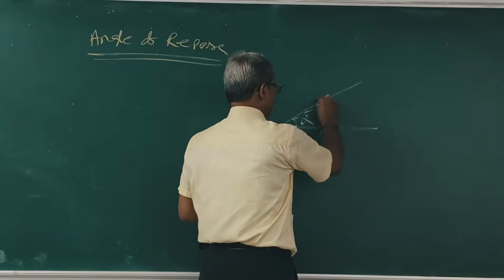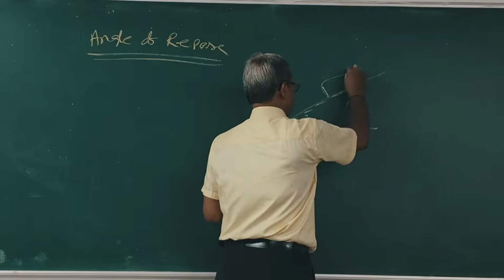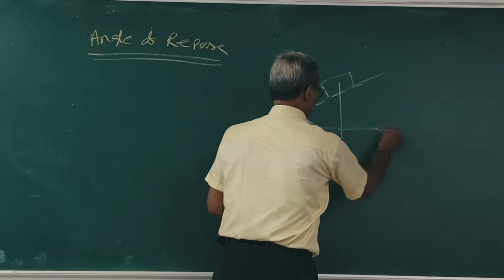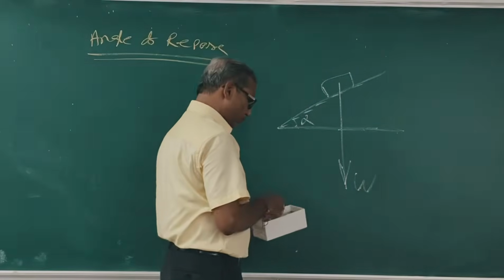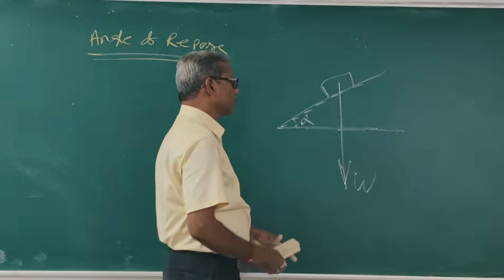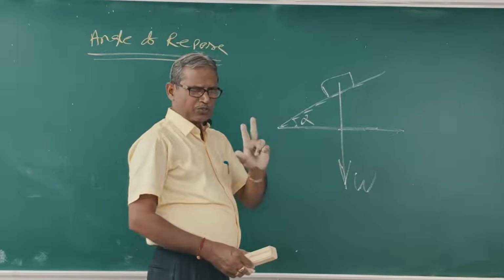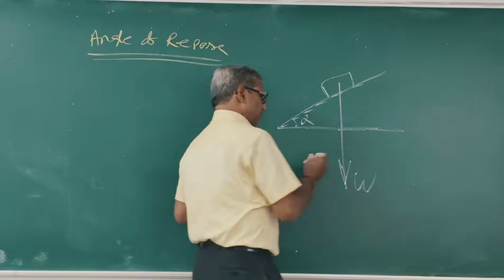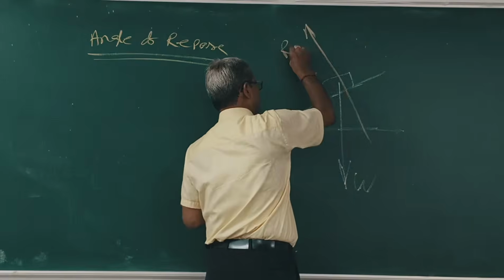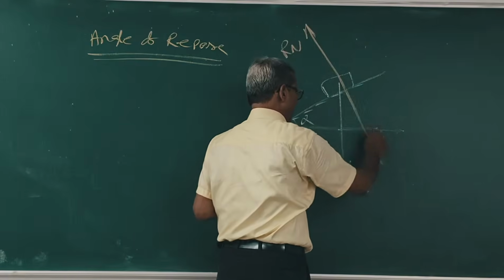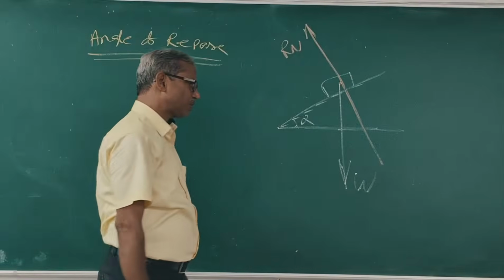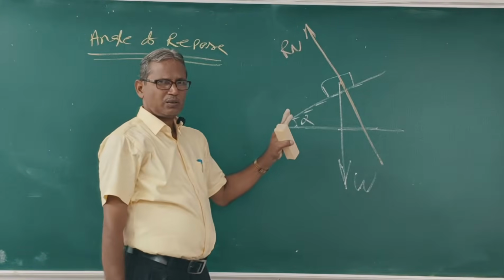Body weight W. Now, this angle is the angle of repose, alpha. This is Rn, the normal reaction Rn. Clear? Now the body is under equilibrium condition.